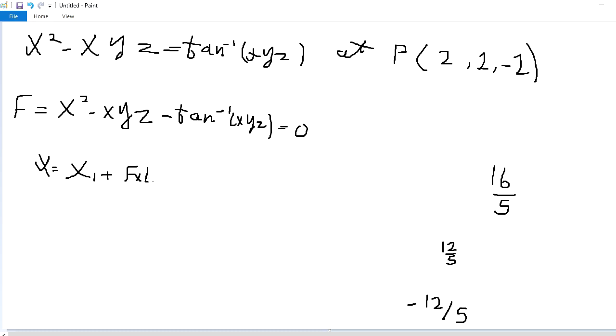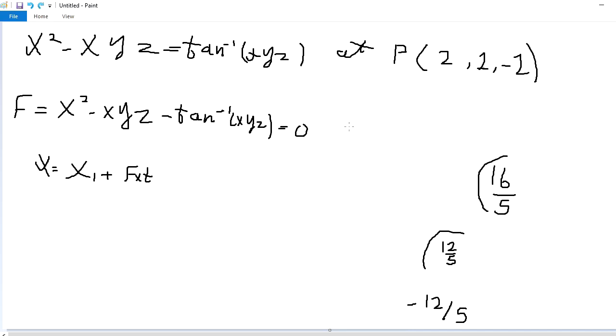Also, by the way, you can find the tangent plane if you write the equation. So you have here the fx, the fy, and the fz, and you also have here the x1, y1, and z1. Okay, put them all together and solve it, and you can find the tangent plane, by the way.